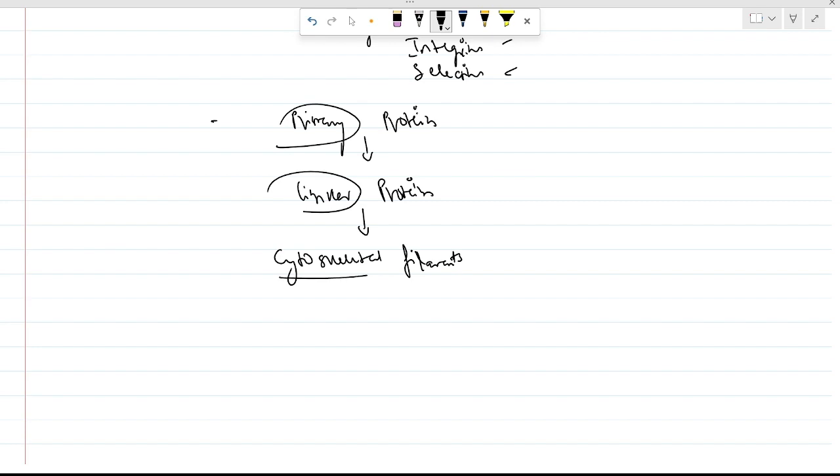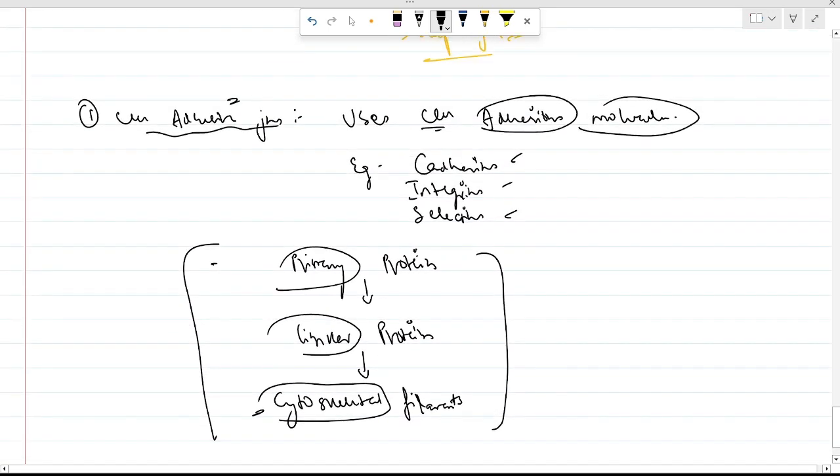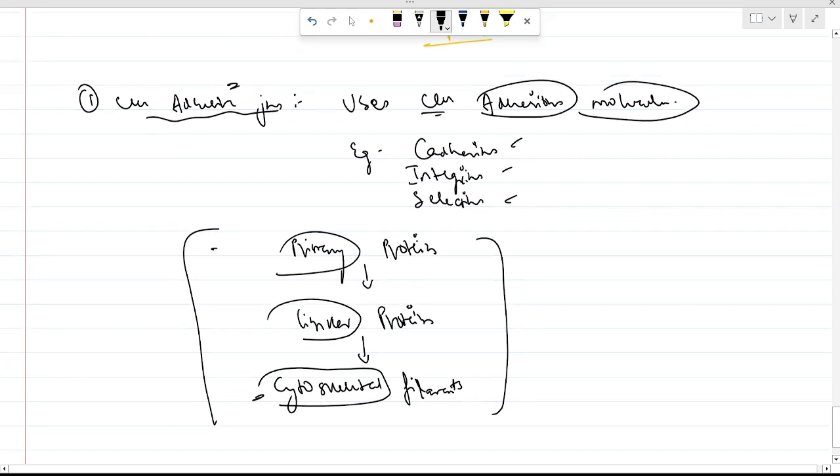So this is a generalized structural arrangement of cell adhesive junctions.